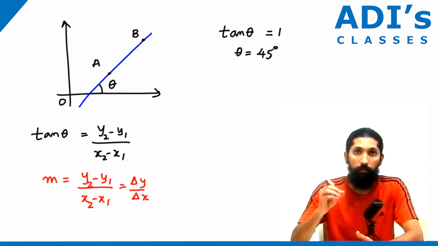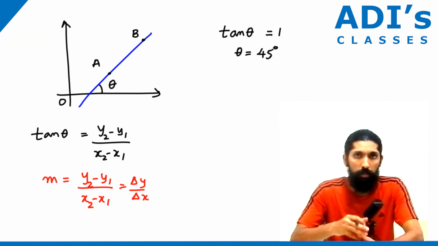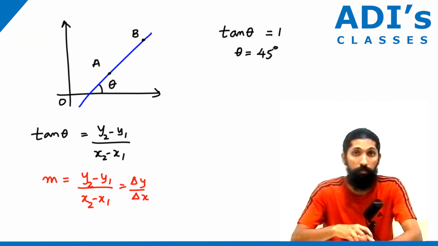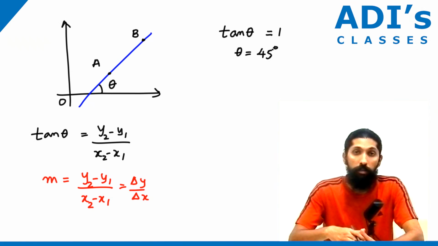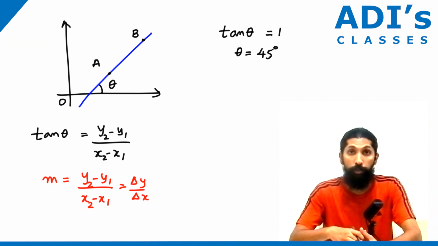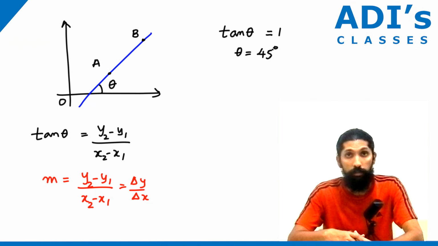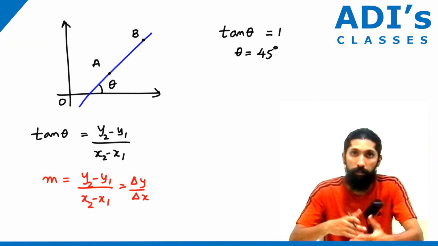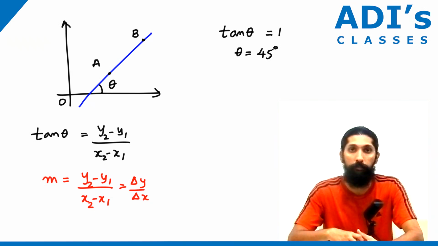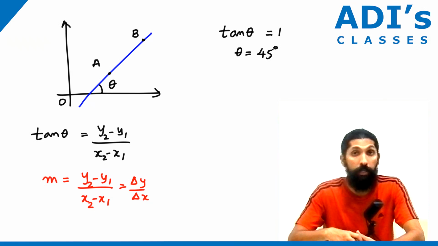Now, whenever you come across a slope, suppose some slope m is equal to 1.5, 3 by 2, which is not a standard angle, you should be able to visualize and understand how the line is placed within the xy plane, the coordinate plane. That's what I mean by intuitively understanding the meaning of slope.